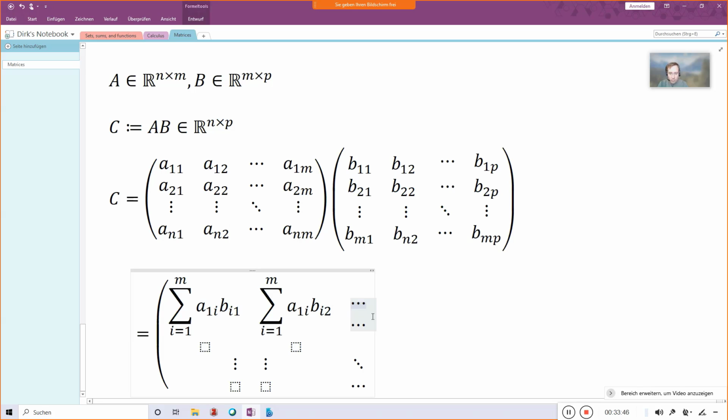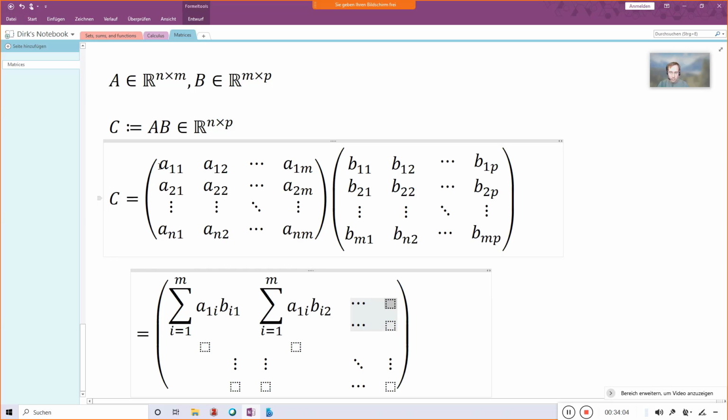It's just the window. And this we do for the entire first row of C, up to the last entry where we will end up.